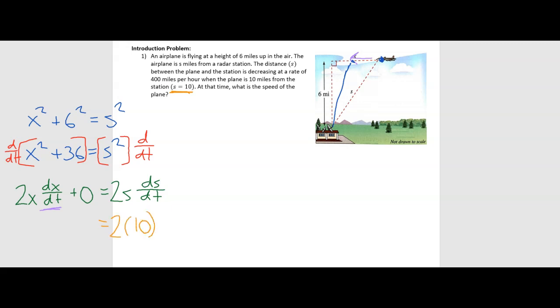I also know that ds dt is essentially negative 400 miles per hour, just negative 400. I know it's negative because it says the distance is decreasing, right? So if a function is decreasing, the position function or the distance function is decreasing, the derivative is going to be negative. So negative 400 here.